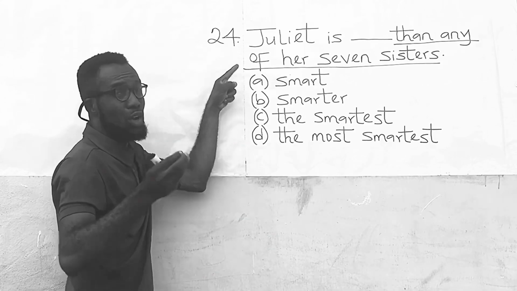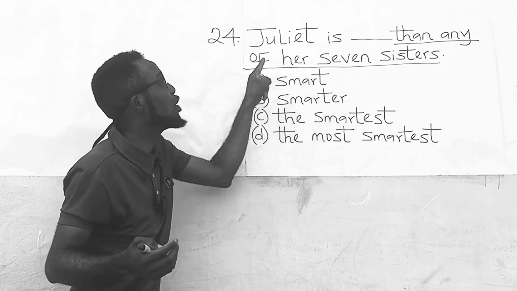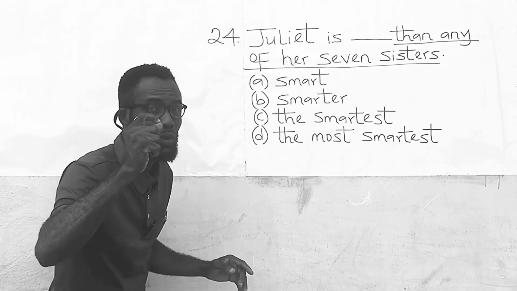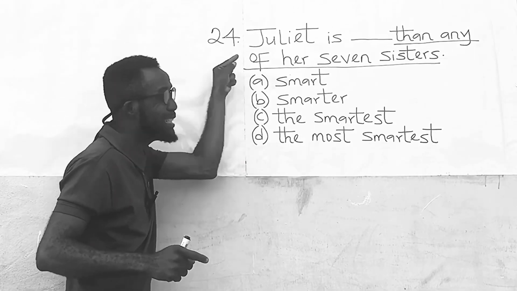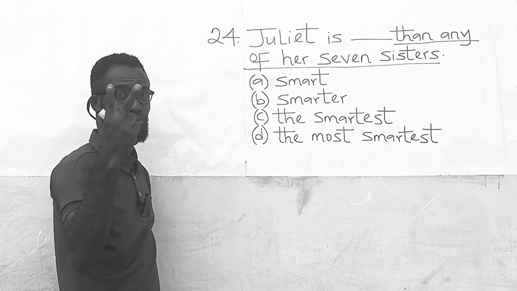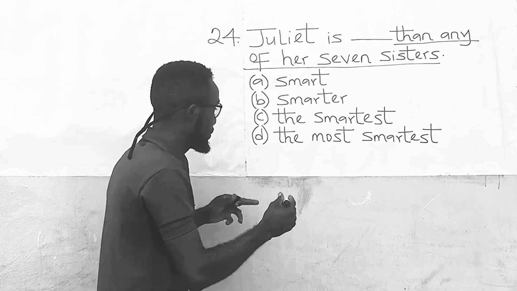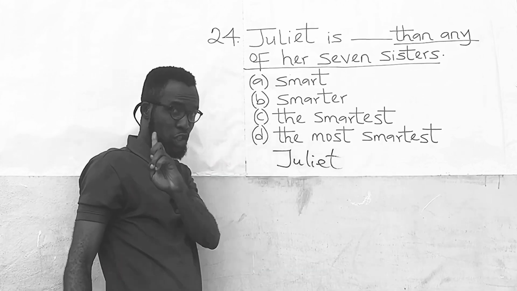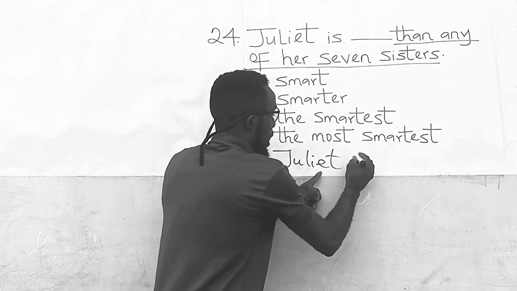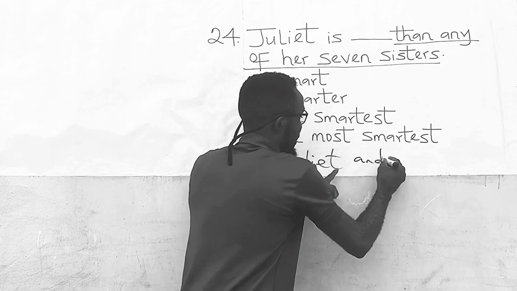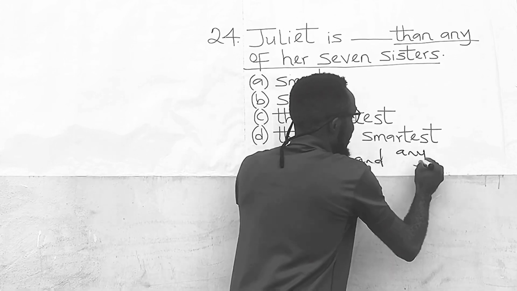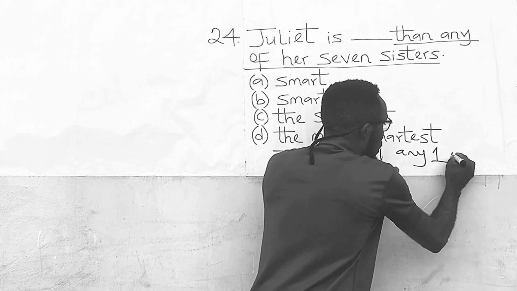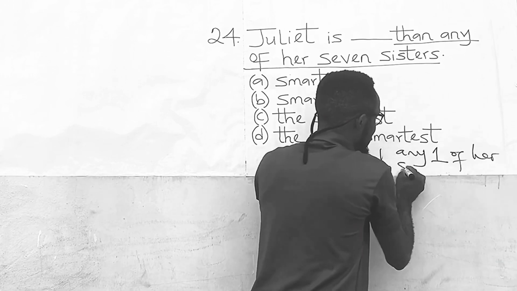Insofar as the question contains the phrase than any of our 7 sisters, it means that the number of persons compared in this question is 2. Look at them: Juliet, which is 1, and any of our 7 sisters, which is the same as any one of our 7 sisters.